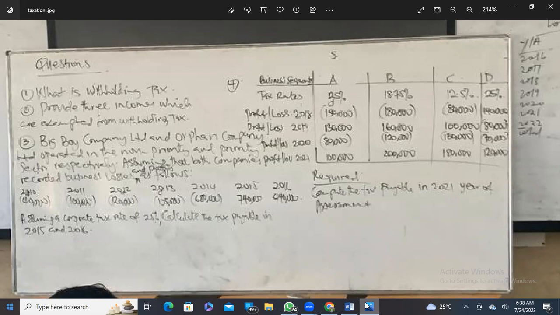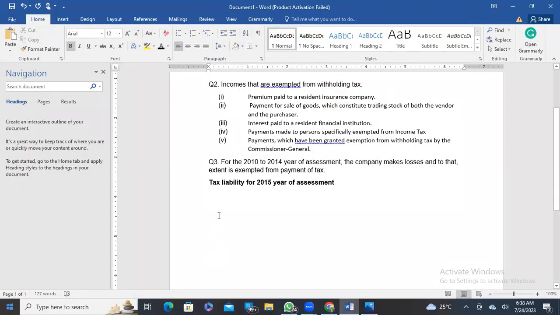So the profit for 2015 year of assessment is 740,000. Tax on the profit is 25% of 740,000.